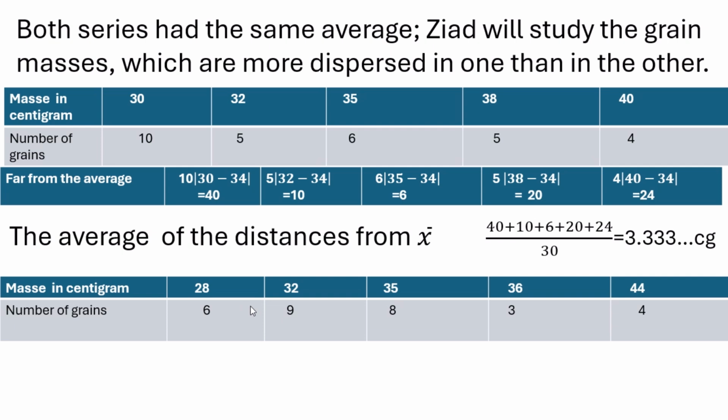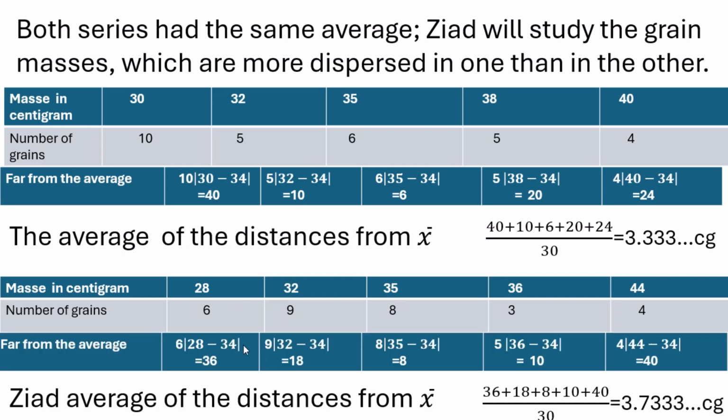In B, the average of the distances from x bar is 3.7333, etc. Here the dispersion is more than the dispersion in machine A, because the average of the distances is 3.7333.